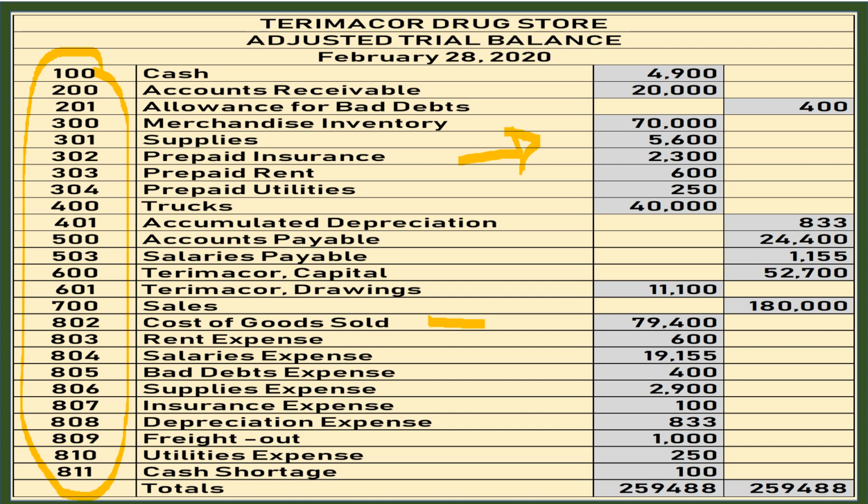The next topics will be the preparation of financial statements, closing entries and reversing entries. And then we're done with the whole cycle of the accounting process.